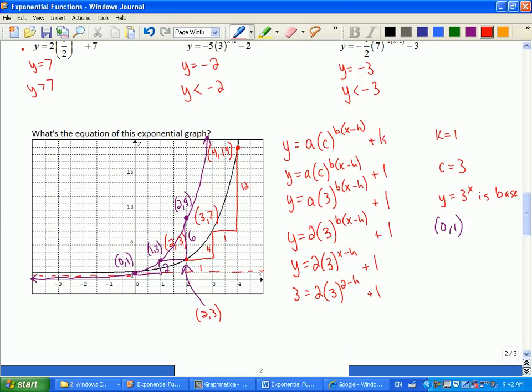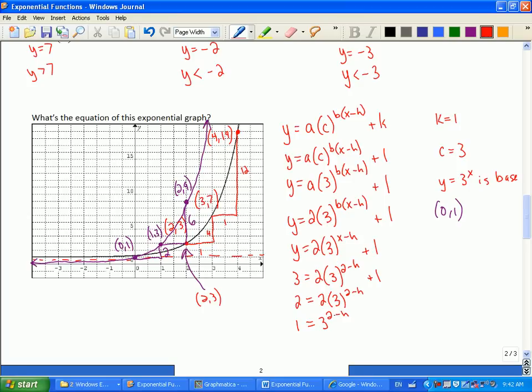So if I start to rearrange this, that'll be 2 is equal to 2 times 3 to the 2 minus h. 1 is equal to 3 to the 2 minus h. So how on earth am I going to turn 3 to the something into a 1? What do I have to do to make this?